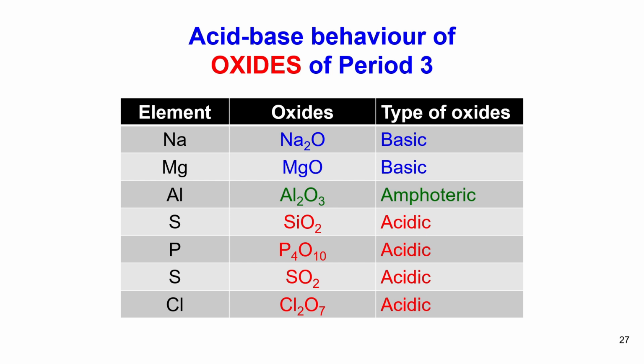Yang di bawah ni semua acidic, yang di atas ni bersifat basic, yang di tengah-tengah ni adalah amphoteric. Okay, so that's all untuk chapter 3. Thank you class.